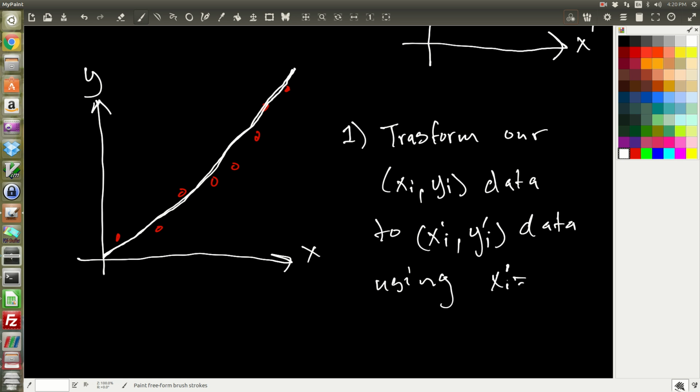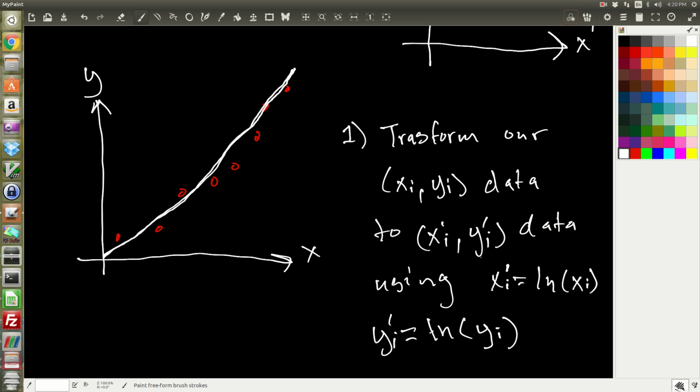We could say xi prime is equal to the natural log of xi, and yi prime is equal to the natural log of our yi data.